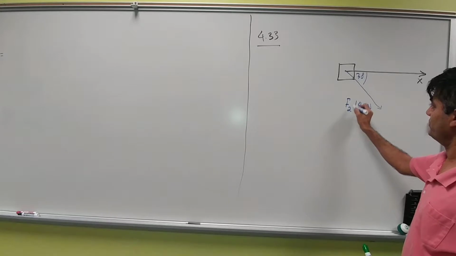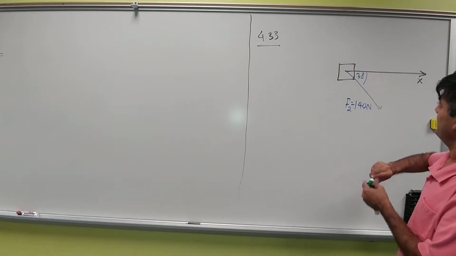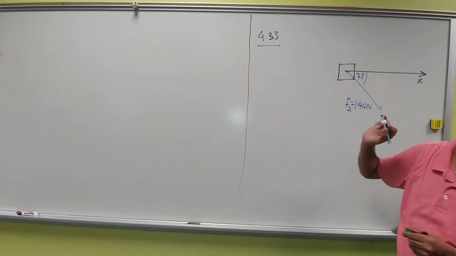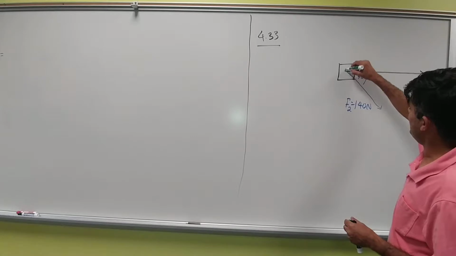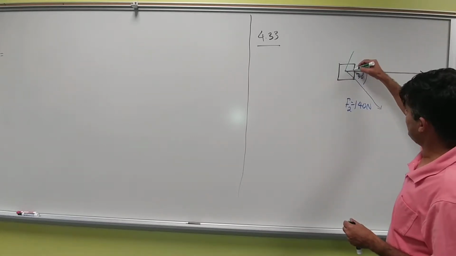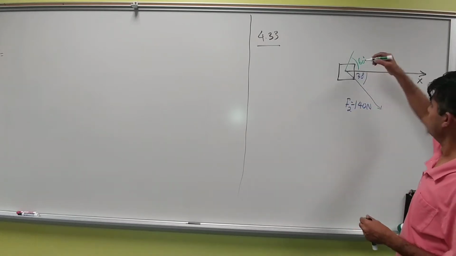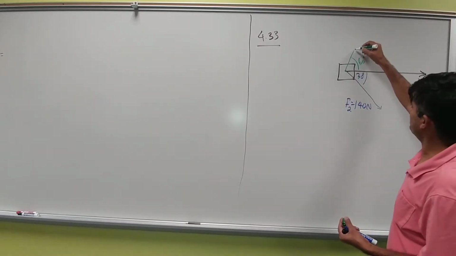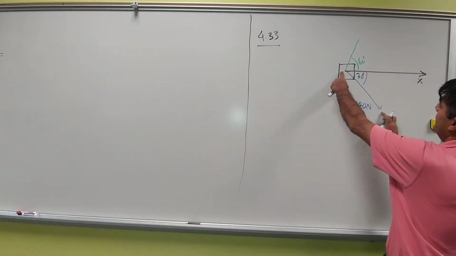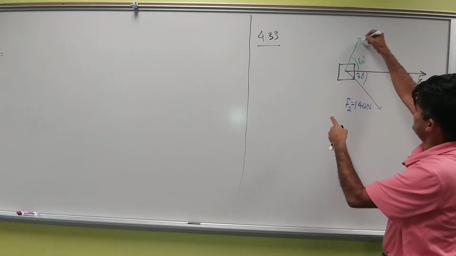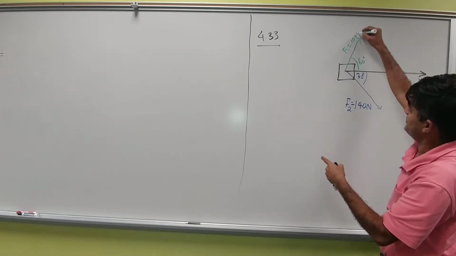This is your F2, the second guy. The first guy is pushing at an angle of 60, but only 100 Newton. So this guy is pushing a little bit up, at a bigger angle, 60 degrees, but the force is a little less. If this is like 140, then this is approximately 100. So your F1 is 100 Newton.